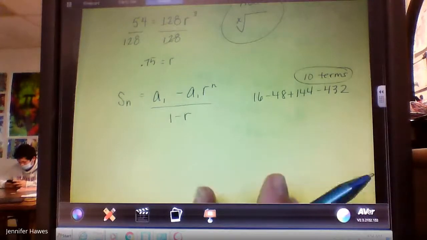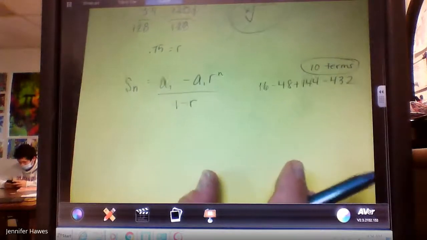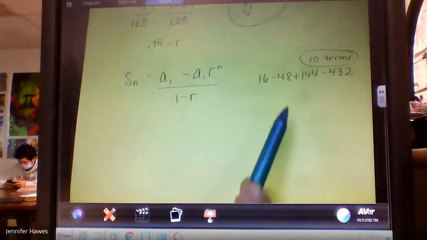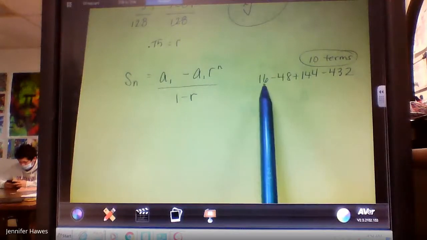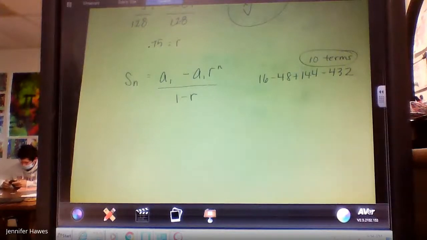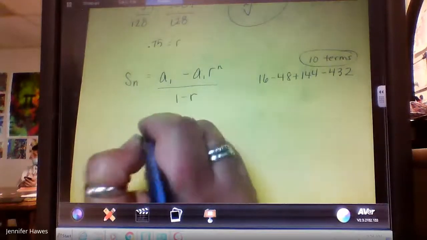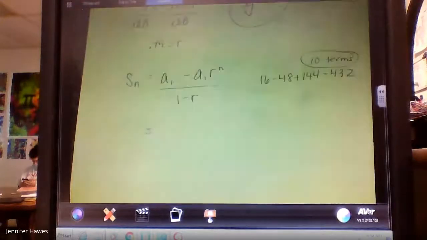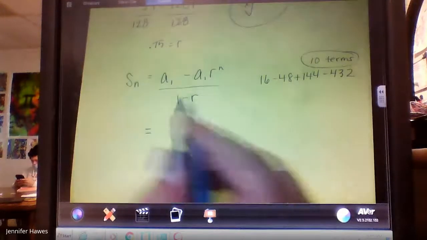All right, so on there, I said to find your ratio. So what is your common ratio? What's negative 48 divided by 16? Negative 3.